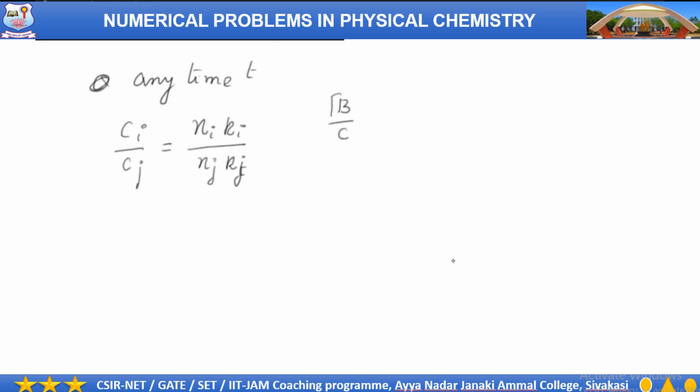Anybody tell me the answer, what would be the concentration ratio at any time t? That is nothing but Ni Ki by Nj Kj.